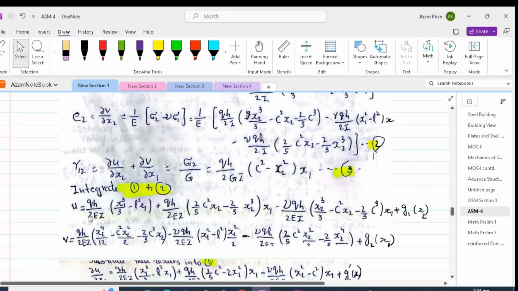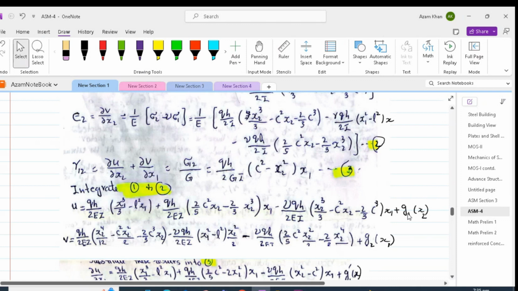Thus u is equal to qh by 2EI (x1 cube by 3 minus L square x1), plus qh by 2EI (2 by 5 c square x2 minus 2 by 3 x2 cube) times x1, minus nu qh by 2EI (x2 cube by 3 minus c square x2 minus 2 by 3 c cube) times x1, plus g1 of x2.